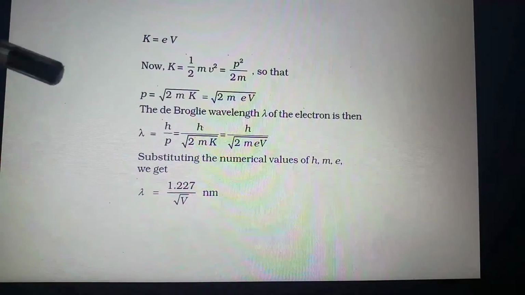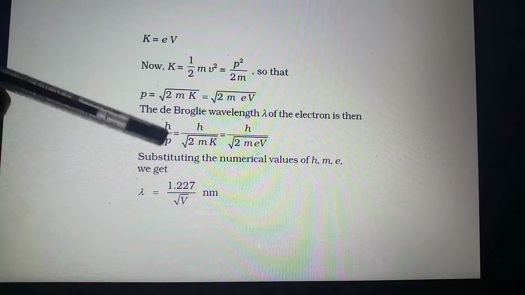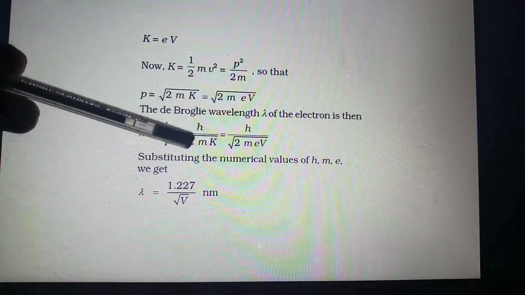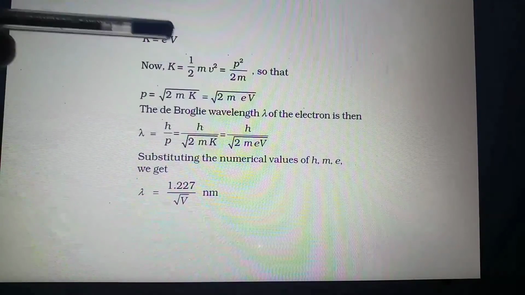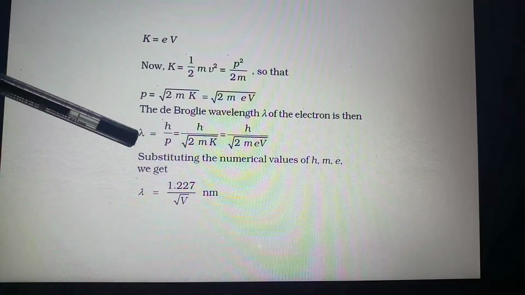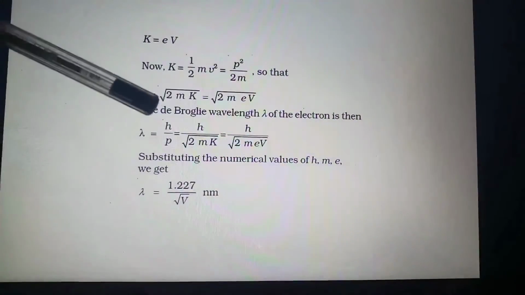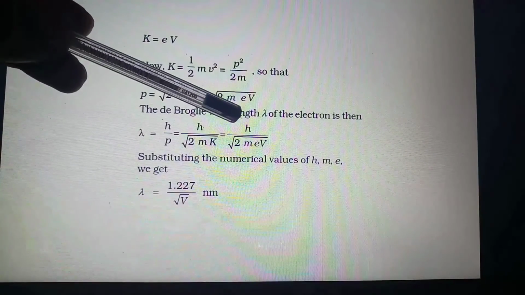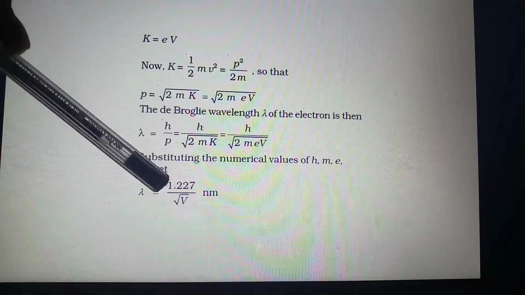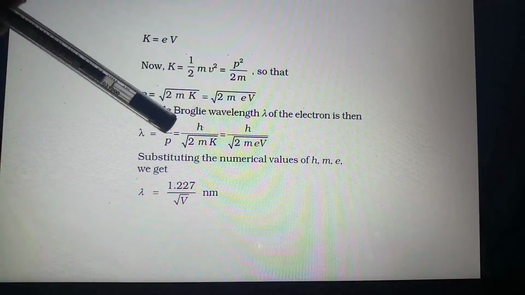Now from the de Broglie wavelength, we have lambda is equal to h by p. This p we can replace here, so you get lambda is equal to h by root of 2mK, and replacing K you get eV. So the wavelength is given by lambda is equal to h by root of 2meV. Here h is Planck's constant, and we can substitute its value. The 2 is also a constant, m is the mass of the electron, which is also a constant, and e is the charge of the electron.